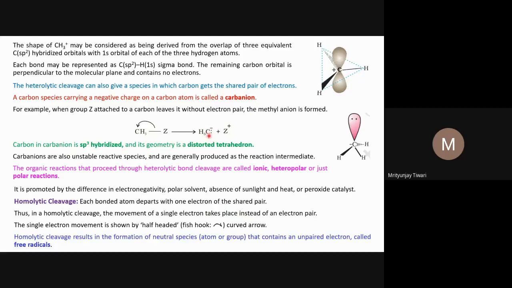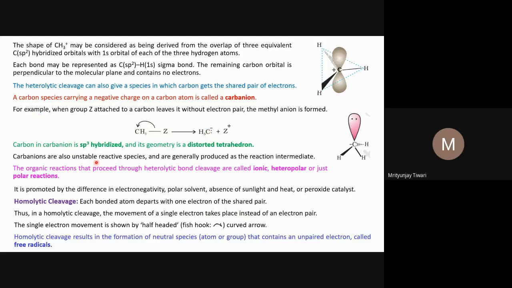Because this carbon had 4 electrons, 3 electrons it obtains by sharing from 3 different hydrogen atoms, and 1 electron it actually accepts from the Z atom. So it has one net negative charge, and so it has 8 electrons: 3 electrons from hydrogen, 1 electron as the negative charge, and 4 electrons it already had in its valence shell. So the octet of this carbon is complete.